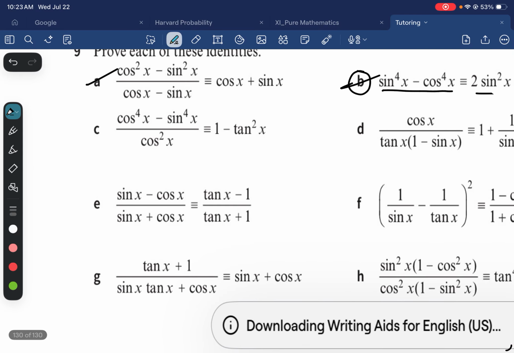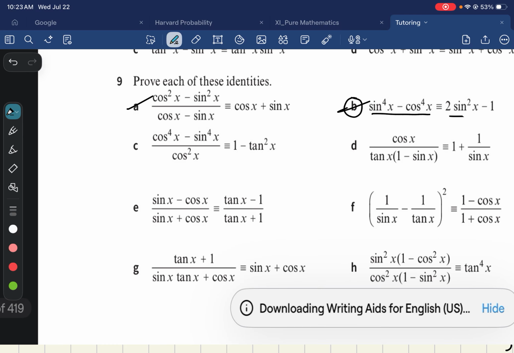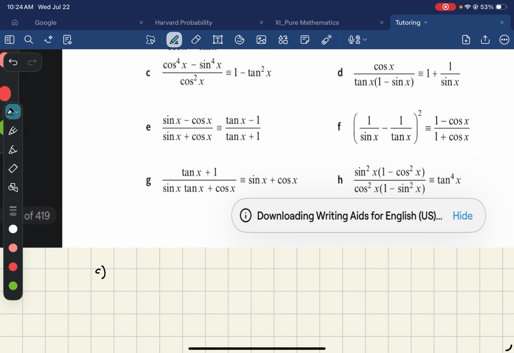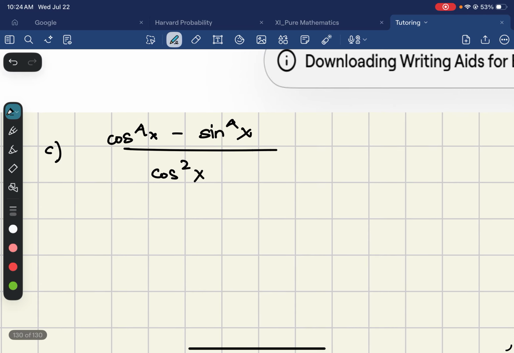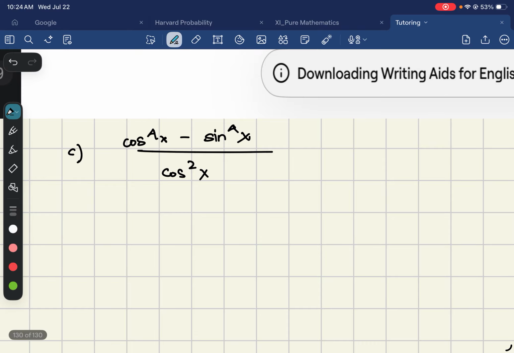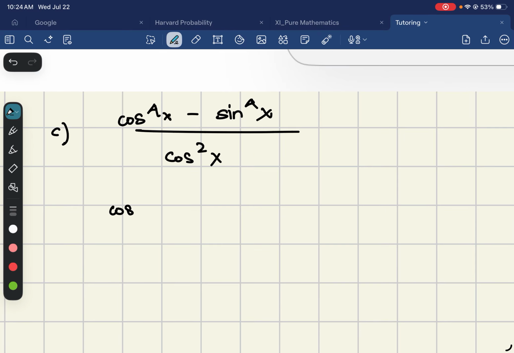Part C is also fairly straightforward. So I'm going to do C here. We have cos 4x minus sine to the power of 4x divided by cos squared x. All right, so let's distribute the denominator.